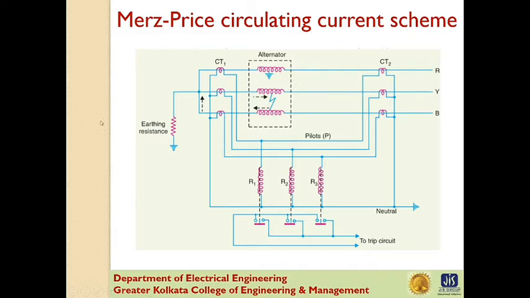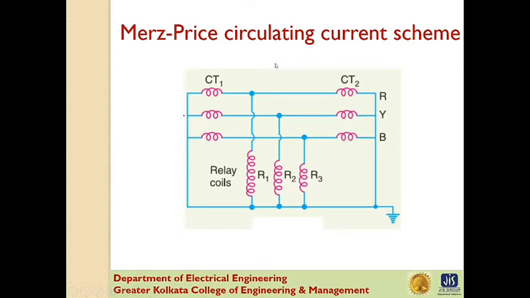Next is the operation. Now it is clear from this picture that relays are connected in shunt across each circulating path. Therefore the circuit can be considered equivalent to this.